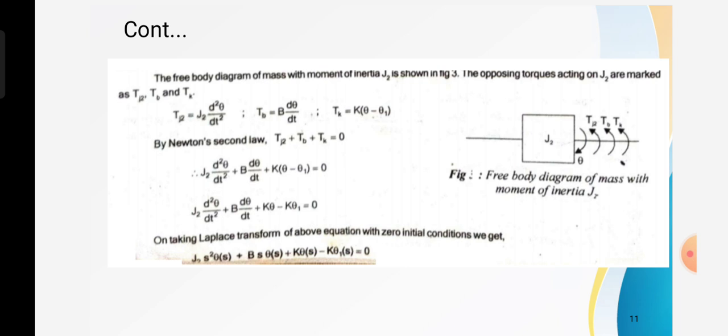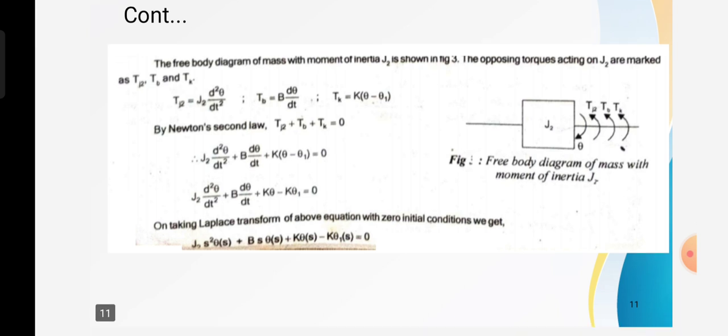Next we draw the free body diagram of moment of inertia J2. Here the opposing torques acting on J2 are Tj2, Tk and Tb. By Newton's law, the sum of applied torque is equal to the sum of opposing torque.